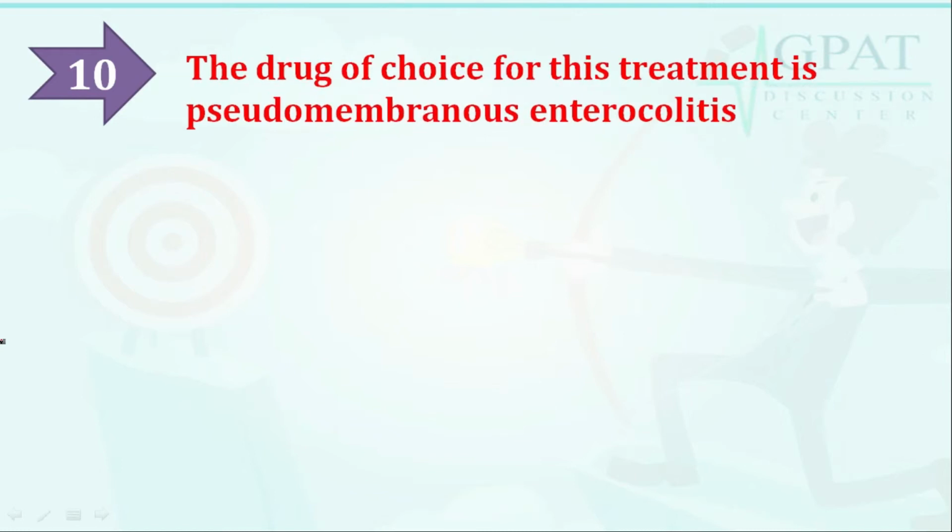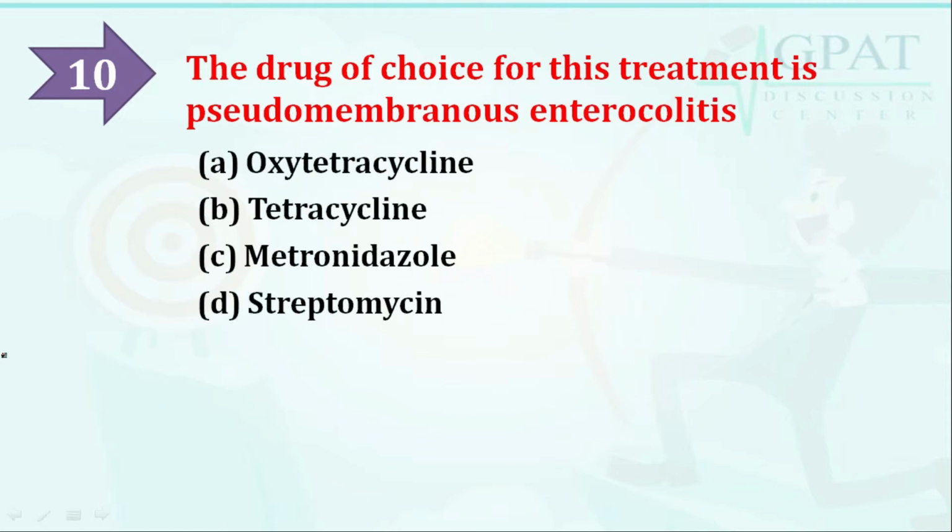The drug of choice for the treatment of pseudomembranous enterocolitis is, and the options are: option A oxytetracycline, option B tetracycline, option C metronidazole, option D streptomycin. So which is the drug of choice for pseudomembranous enterocolitis? The correct answer is metronidazole, the drug of choice for the treatment of pseudomembranous enterocolitis.